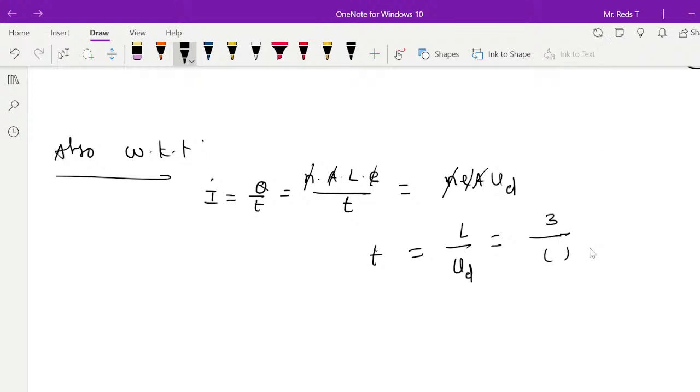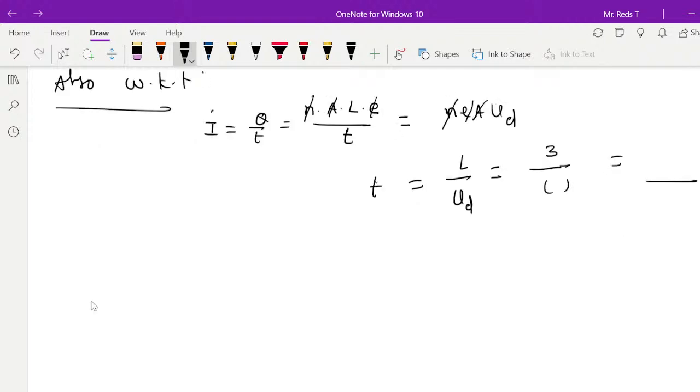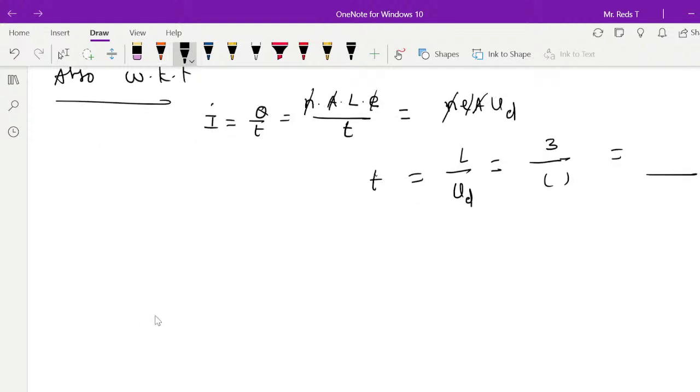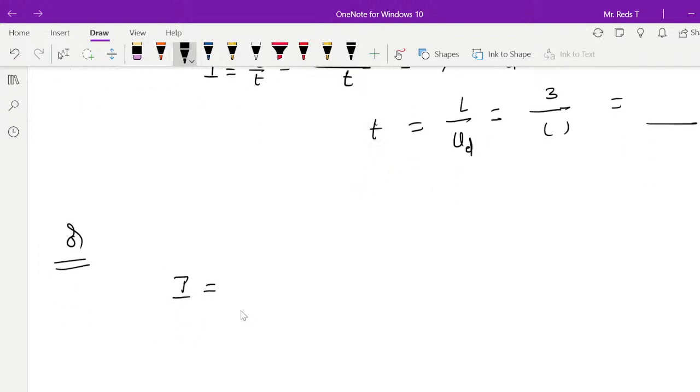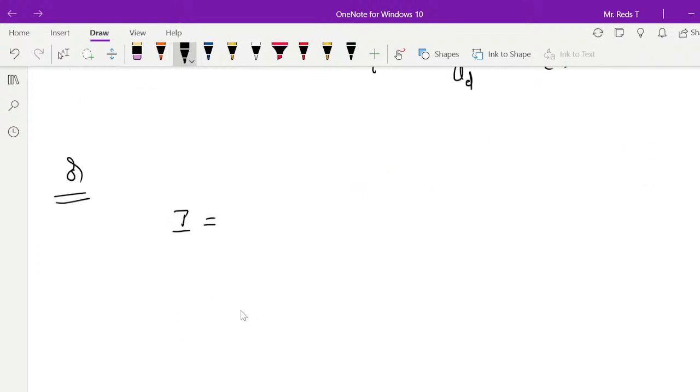That will give you the time taken for the charge carriers to drift from one end to the other. Or directly, guys, I'm not doing the calculations here.